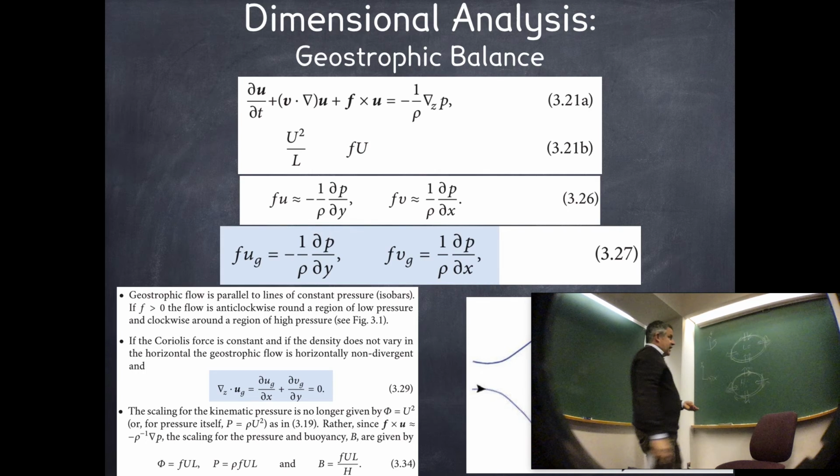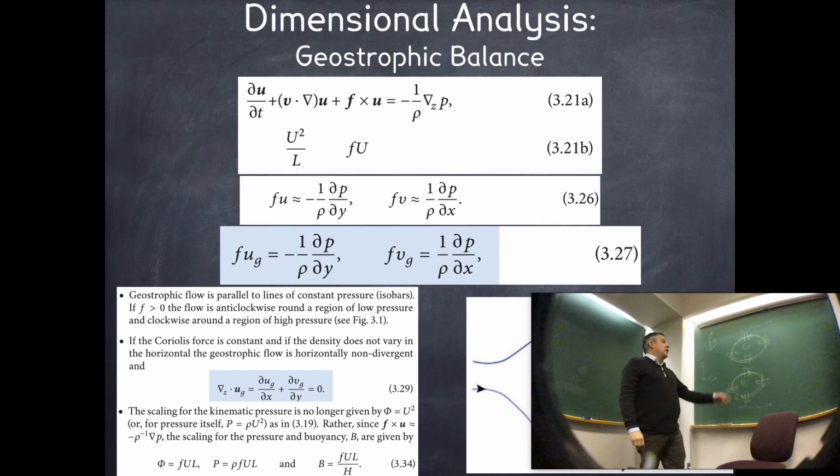So which way do we go around a low, clockwise or counterclockwise? Counterclockwise in the northern hemisphere, which is a direction called cyclonic, and this is called anticyclonic. So cyclonic is always for a low pressure, anticyclonic is always for a high pressure.